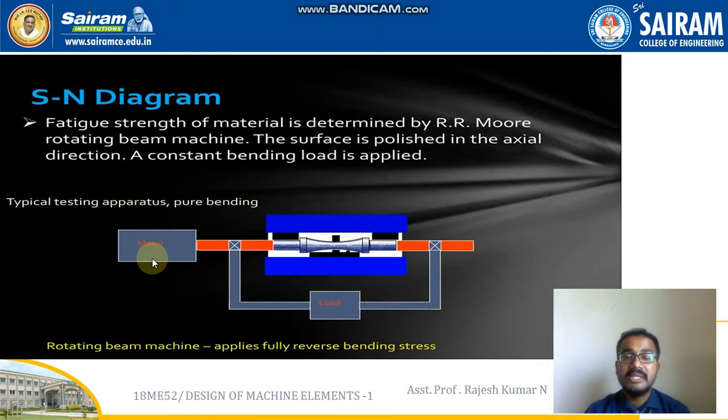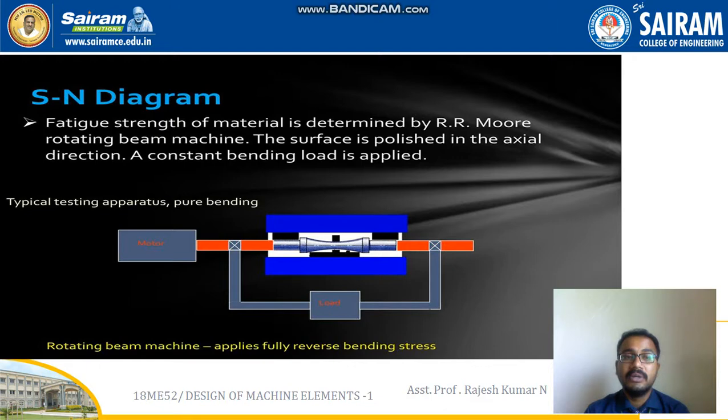If I want to increase the speed to 100 rpm, 150 rpm, 200 rpm, or reduce it to 50 rpm, 30 rpm, anything is possible, because we select the motor in such a way that it supports the specimen rotating at the required speed.